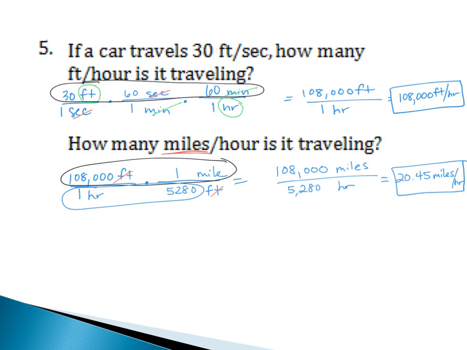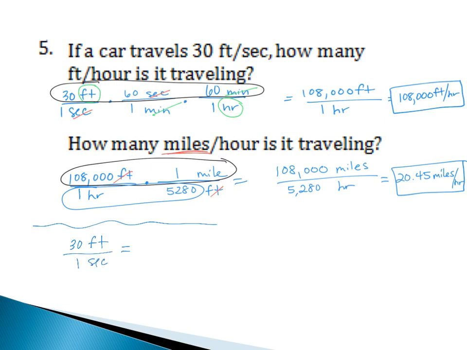Like I said, this might seem like kind of a different problem to throw in here on proportions. That's because you could have solved this using a proportion. I'll just show you the first part. If you wanted to solve this using proportions, you would have 30 feet per 1 second.